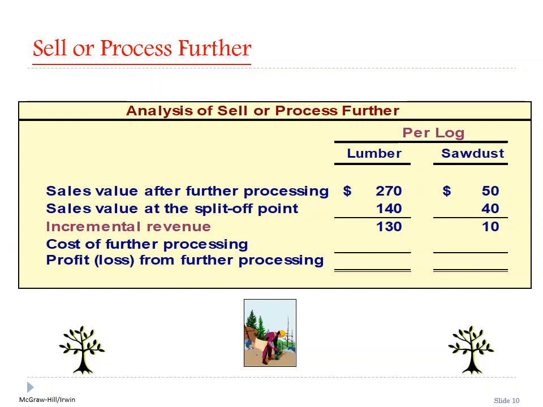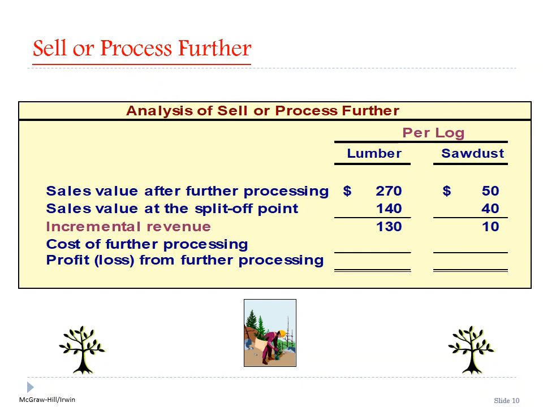To arrive at the incremental revenue equals sales value after further processing, which is $270 for lumber, and $50 for sawdust, minus sales value at the split of point for each product, which is 140 for lumber and 40 for sawdust.